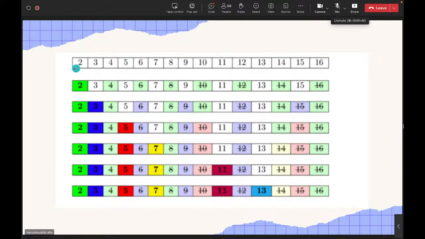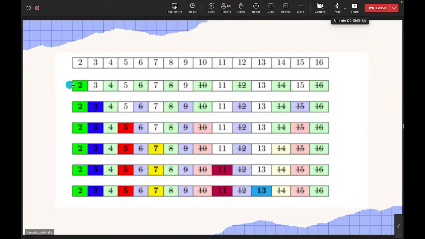We want all the primes from 1 to 16. We anyway know 1 is not a prime number, so we remove it from the vector, or whatever data structure you use. Next, we take the first number which is not marked. First we'll take 2, then we mark all the multiples of 2: 2, 4, 6, 8, 10, 12, 14, 16.